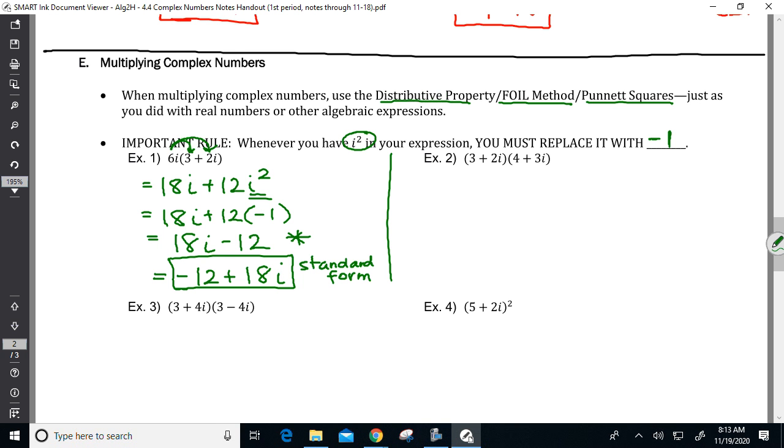So, basic distributive property. Example 2 is the basic FOIL method. If you do the FOIL method, that's 12, 9i plus 8i plus 6i squared. Combine our like terms: 12 plus 17i plus 6i squared.